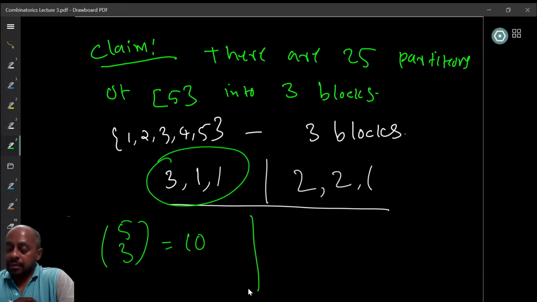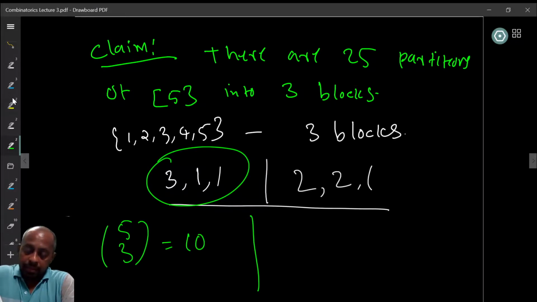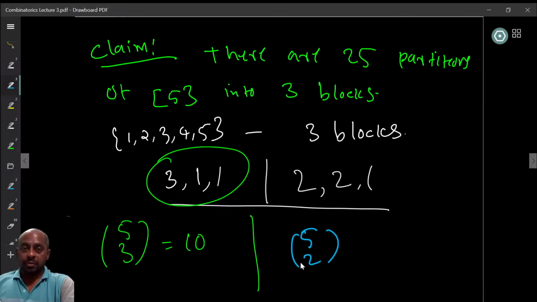Now if you look at the 2-2-1 configuration, if you choose 2 of the elements first, in how many possible ways? 5 choose 2 possible ways.